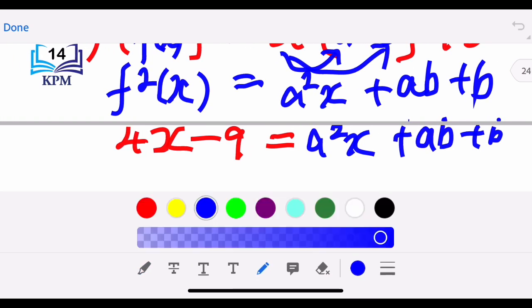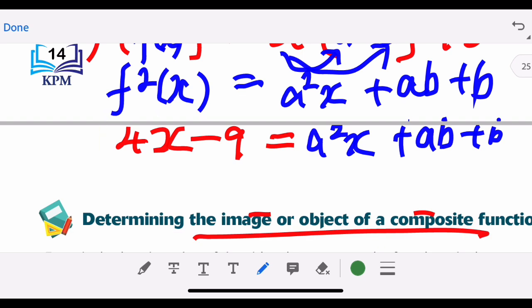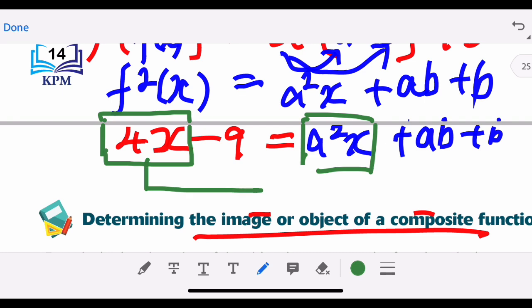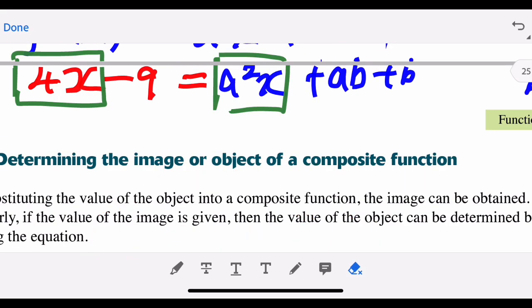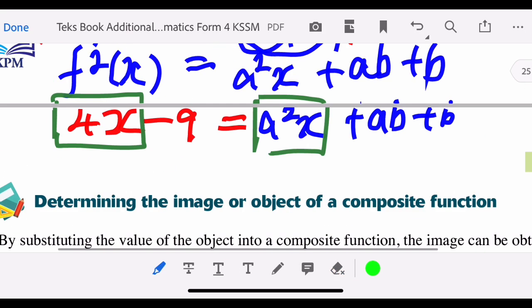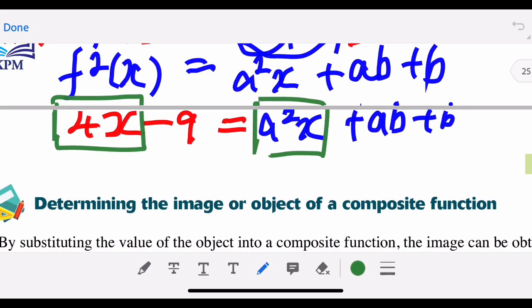Let me highlight in green color. I highlight like this, so I'm going to equate these two. When we say equate, it means we make it the same. So I'm going to show you how I solve this. I will draw the arrow like this.